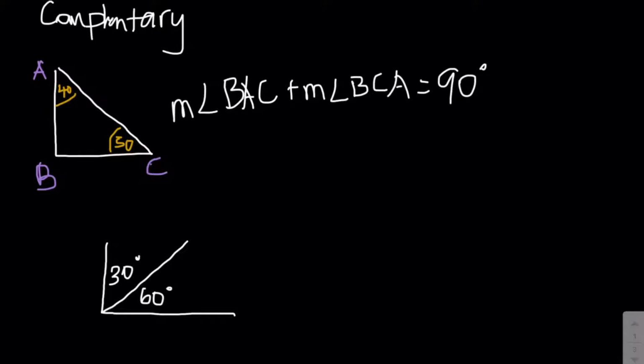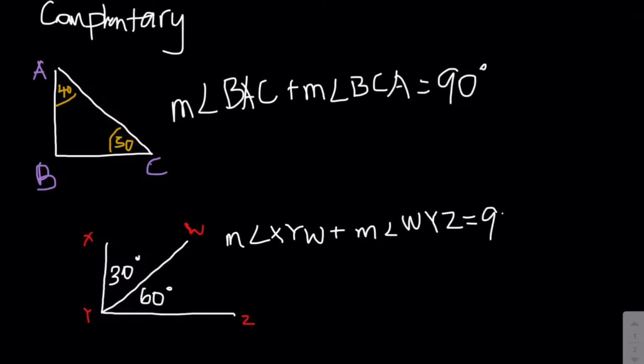And I'm going to label this X, Y, Z, and W. So if we also put this in an equation, measure angle XYW plus measure angle WYZ also equals 90 degrees, but this is different because the two angles are actually connected by line YW.